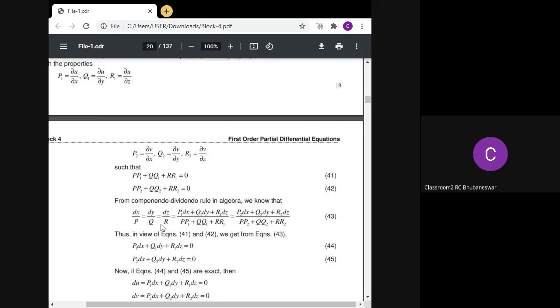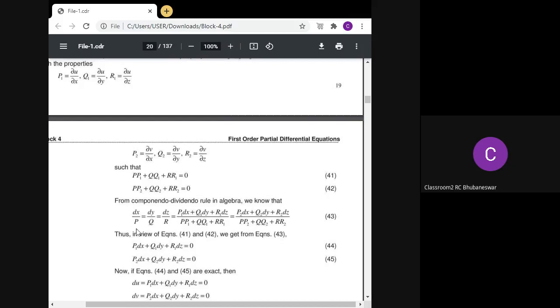Now we are using the componendo dividendo rule, and we can represent it along with multipliers. P1, Q1, R1 are the multipliers we are using in the first, second, and third fraction. So here you can represent P1 dx plus Q1 dy plus R1 dz.